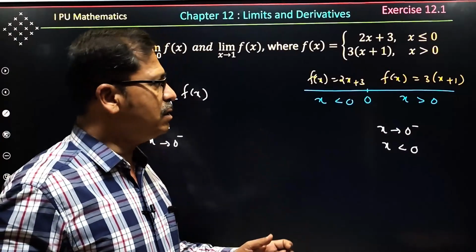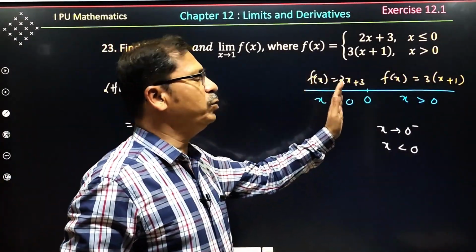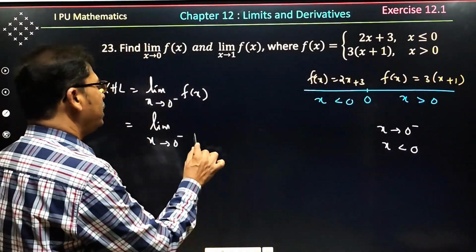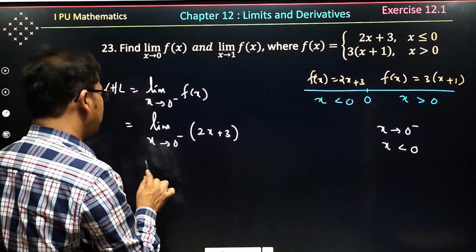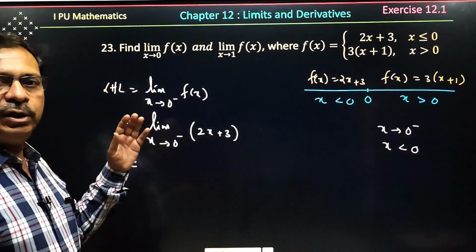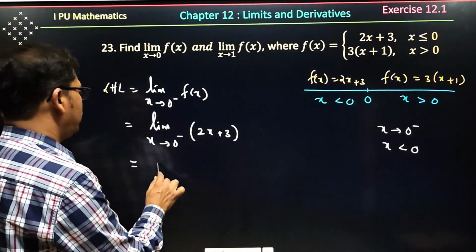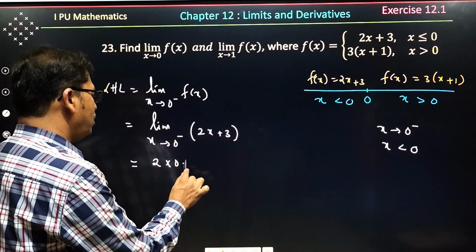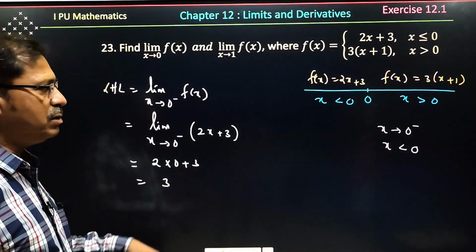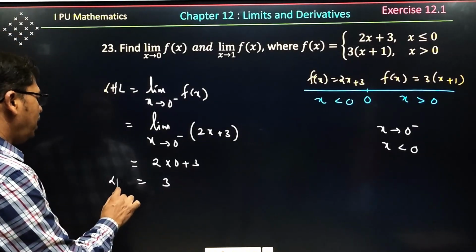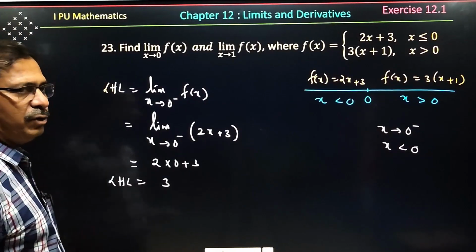When x is less than 0, the function is defined by 2x plus 3, so instead of f(x), you write 2x plus 3. Let us calculate this. X tends to 0 means you substitute the value: 2 into 0 plus 3. 2 into 0 is 0, 0 plus 3 is 3. So the left hand limit is 3.